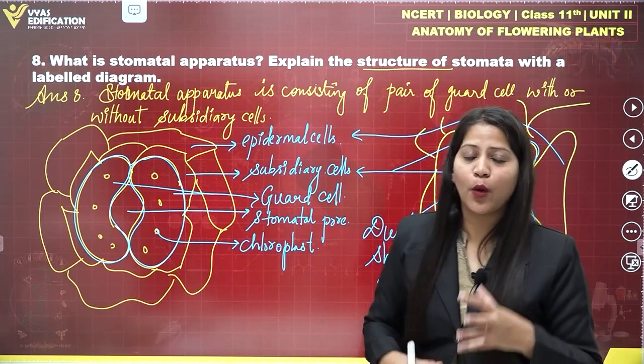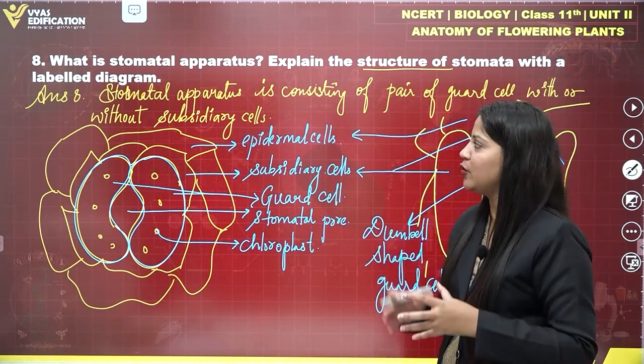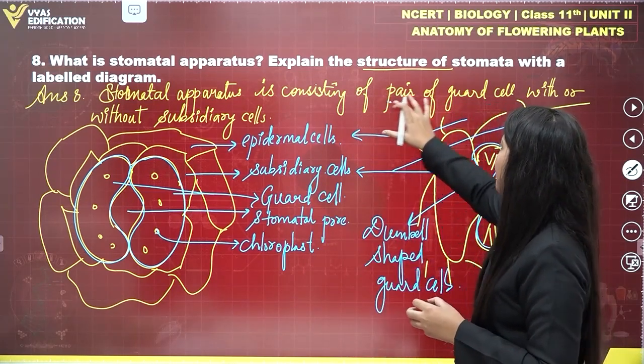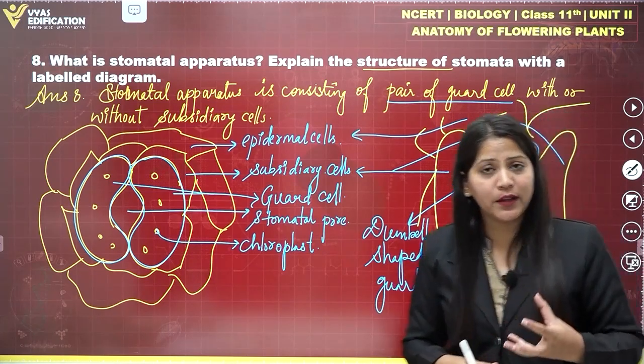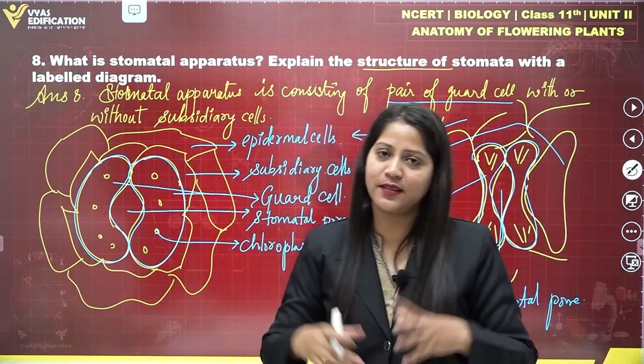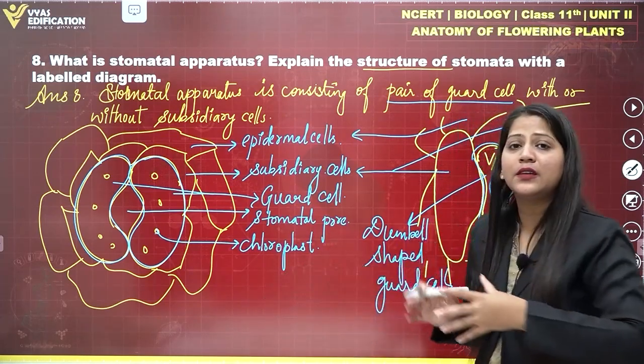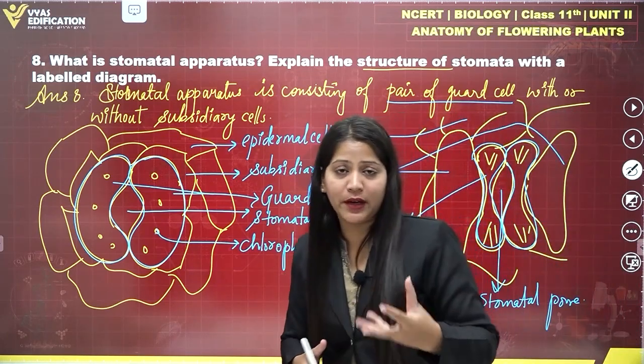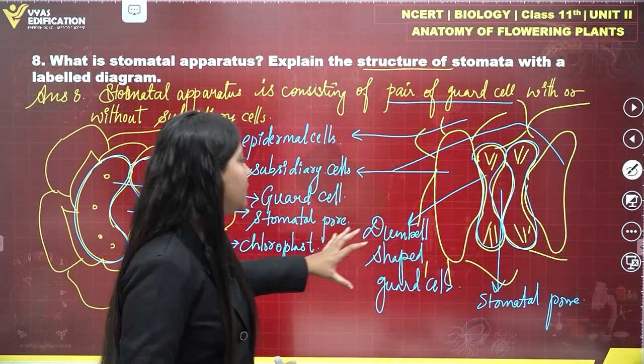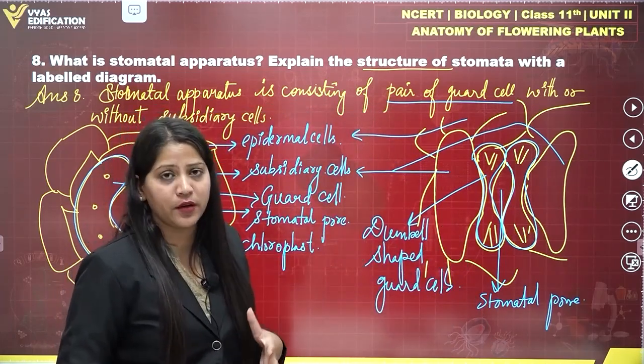So now we know what is stomatal apparatus. It consists of a pair of guard cells along with or without subsidiary cells. This is a stomatal apparatus. We have drawn the diagram of stomata, and now we have to explain the structure.